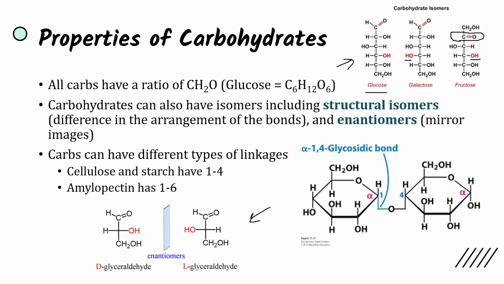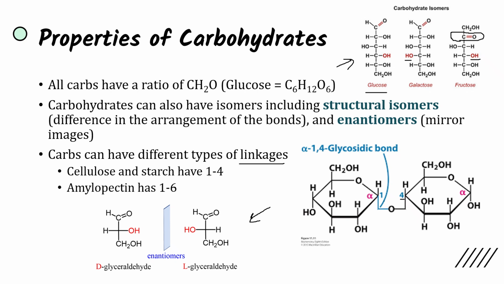Now, carbohydrates can also have different kinds of linkages. And what I mean by linkages are where two monomers will link together through dehydration synthesis. So this glycosidic linkage or glycosidic bond which connects two monomers can either be on the 1 and 4 carbons.